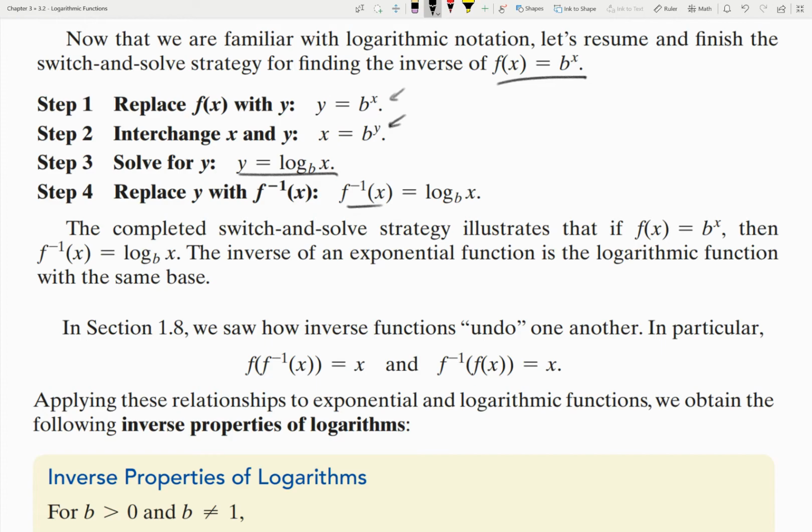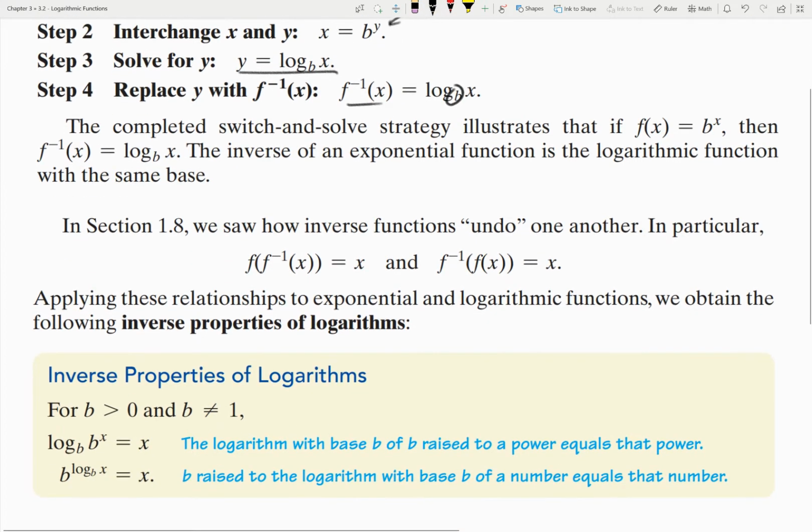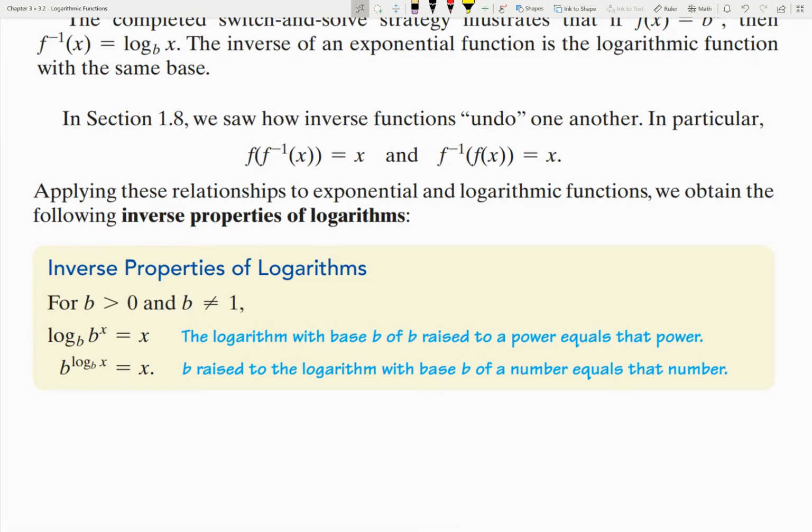So that means that the inverse function of my exponential function is log base b of x. Same base. Notice that my log and its inverse are going to have the same base. Inverses undo each other. These two properties hold for all inverse relationships.